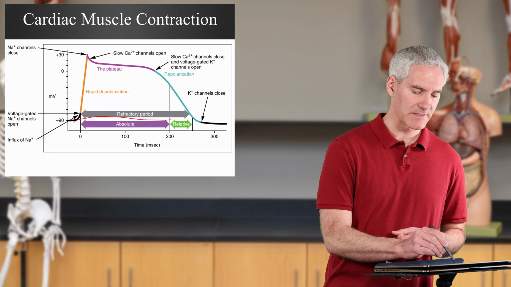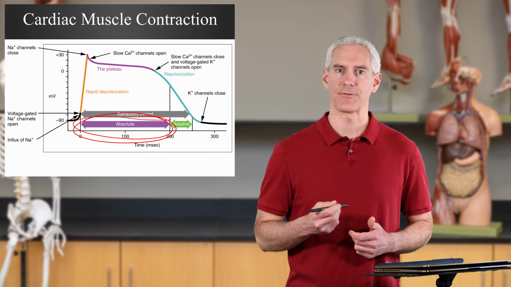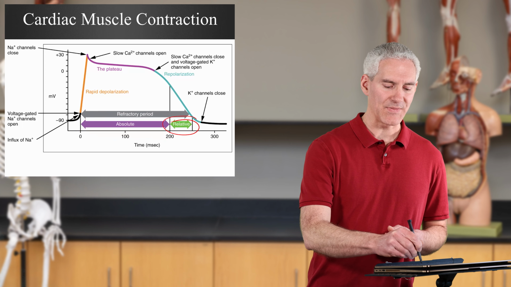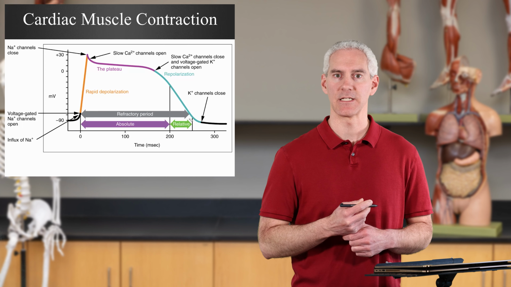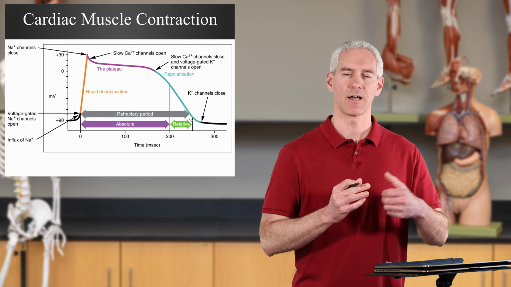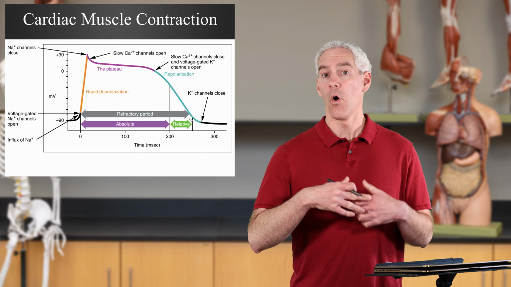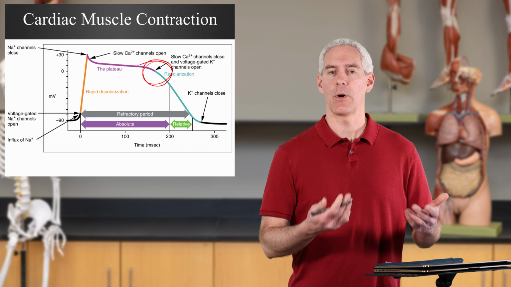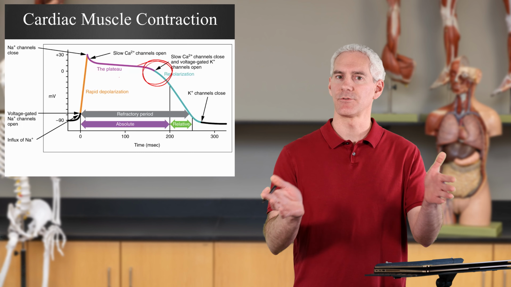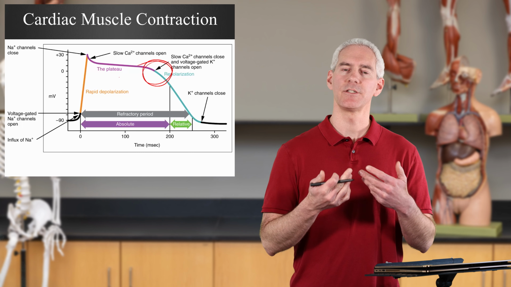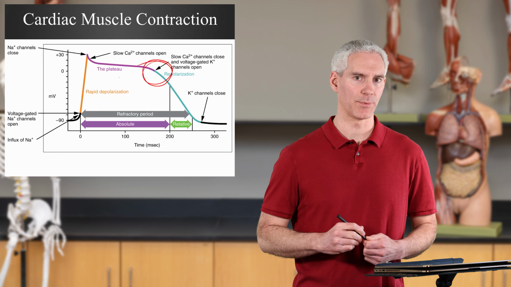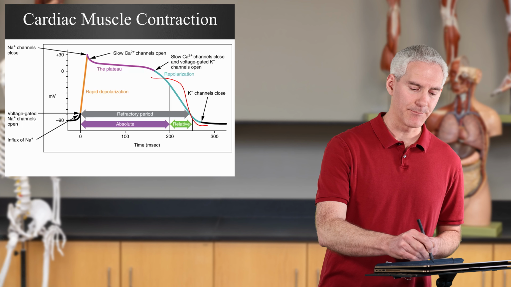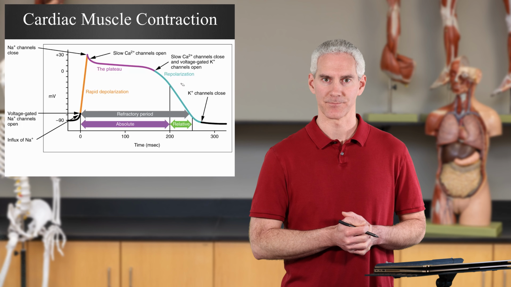And that ends up with this very large absolute refractory period. We still have the small relative, but the absolute refractory period is what really has increased because of the plateau phase. Once you get through the plateau phase, now it's time to repolarize. That means the calcium channels are closing and voltage-regulated potassium channels are opening. And it heads back down just like normal, heading back towards the resting state.